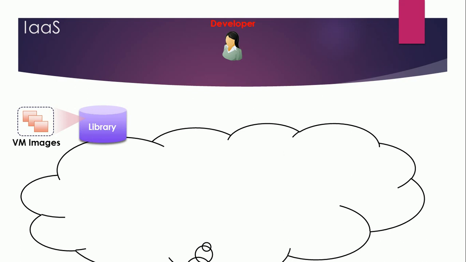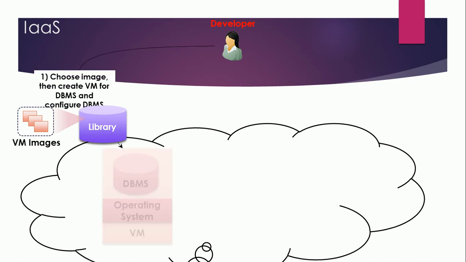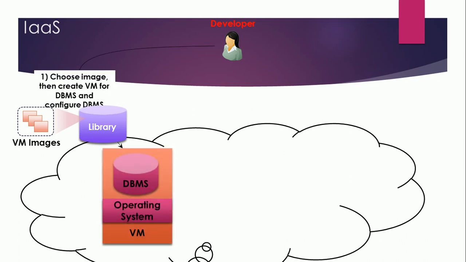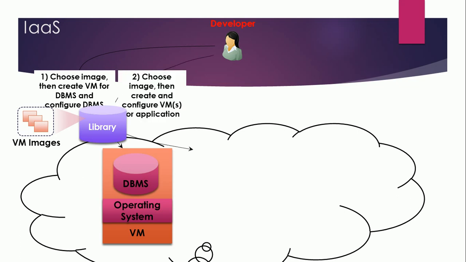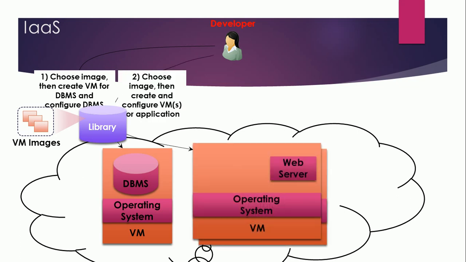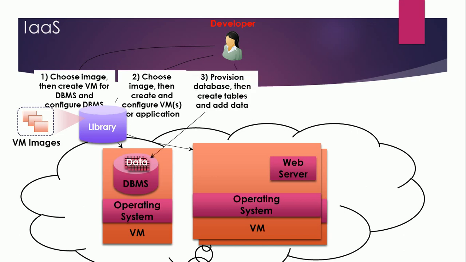So we're going to select one of the VMs according to our requirement. We're going to deploy those VMs into this library and add the DBMS or the operating system to that particular VM. After adding the DB, we are going to install the web services, or the application which is required for our purpose.